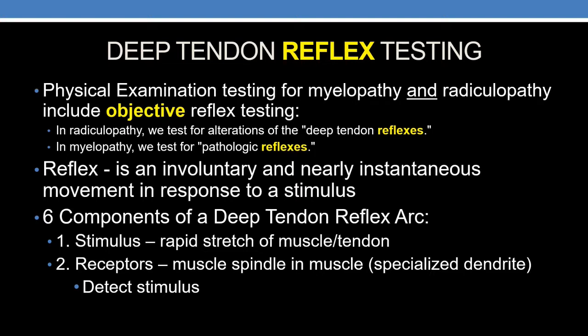We could call them dendritic endings. They're actually not dendrites per se, which I'll explain a little bit more in a minute. But you can think of these as specialized dendritic endings that are located deep within the muscle belly, in this case of the bicep muscle. So we have our stimulus, which is the rapid stretch, and then we have our receptors, whose job it is to then detect that stimulus.